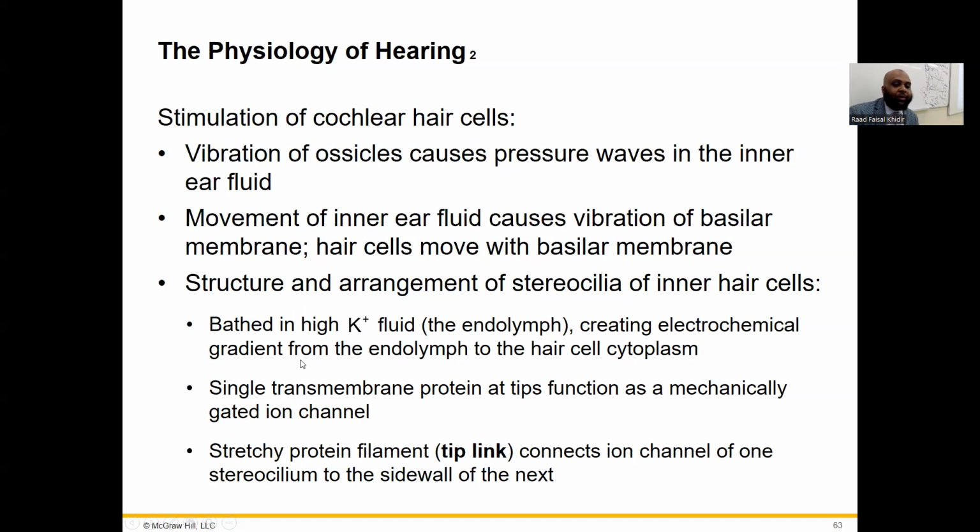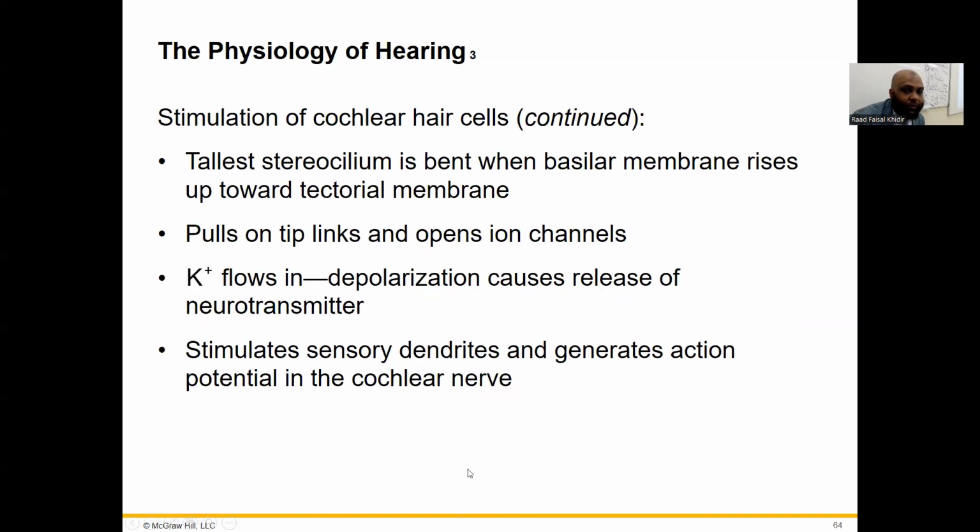The single transmembrane protein at the tips is going to function as a mechanically gated ion channel, and the stretchy protein filament is going to connect the ion channel of one stereocilium to the sidewall of the next. So this is also similar to what's happening in the smallest bones of your body, these ossicles. This domino effect is going to transfer now from bony structures into these hair structures full of potassium.